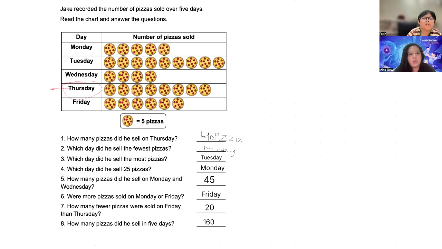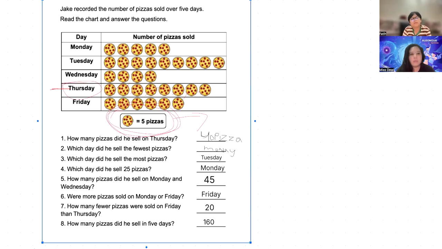1, 2, 3, 4, 5, 6, 7, 8. 8. So remember, that's not how we're going to answer. Why? Because we have this special instruction, which says 5 pizzas equal 1 symbol of pizza, right?